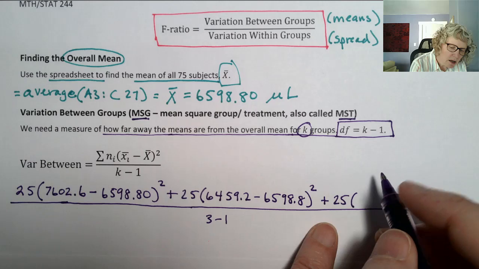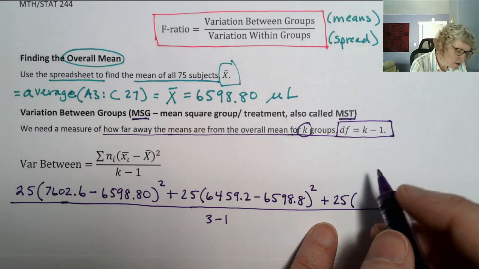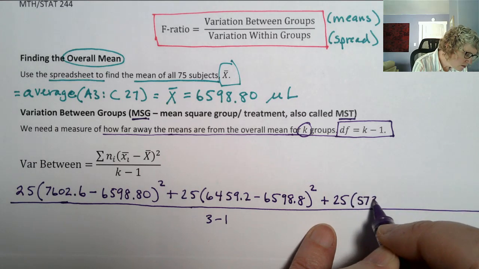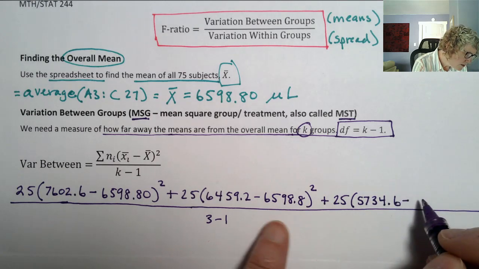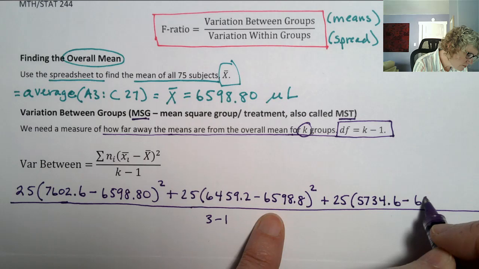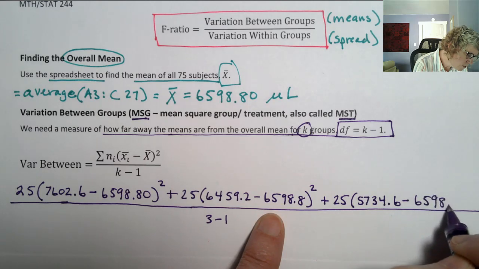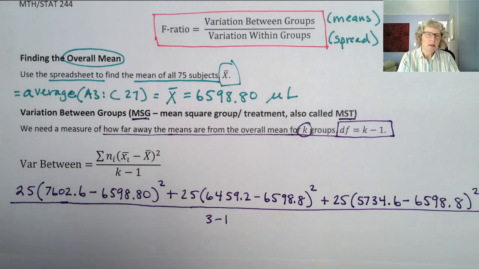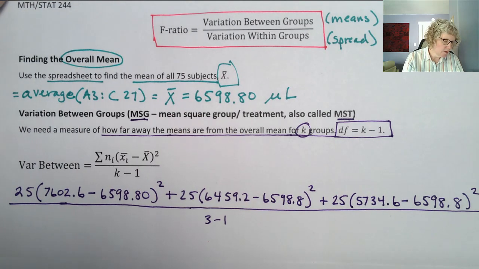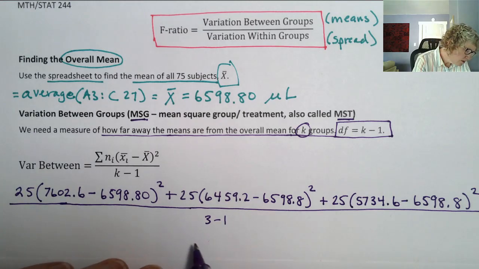That mean is 5734.6 minus the same 6598.8 parenthesis squared. Okay, so it's this sum all over the degrees of freedom, so the groups minus 1. So I'll put number of groups minus 1.